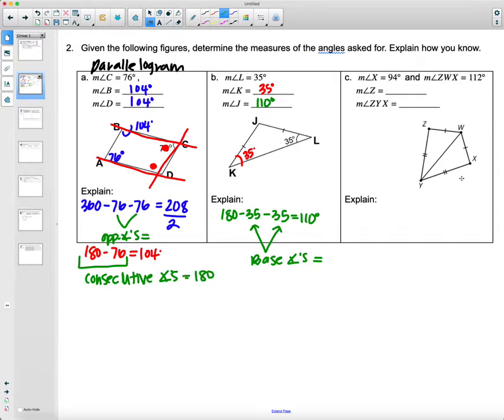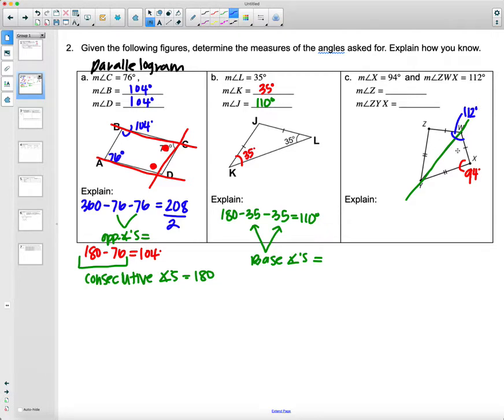All right, and then in C, we see a kite, and you can see that you could do a reflection over this line and they would land right on top of each other. So we've got angle X here at 94 degrees, and then angle ZWX, so this big angle here at 112.